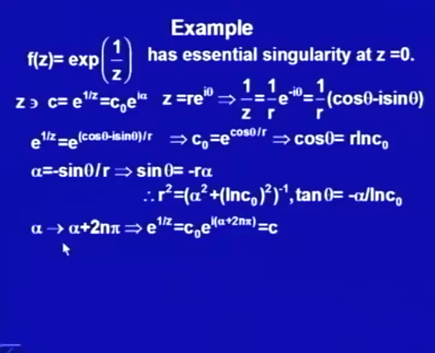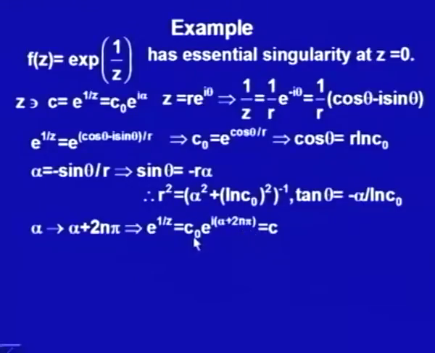suppose I change my α to α + 2nπ. What will happen? This c value, e to the power 1 by z, that is c₀ e to the power i(α + 2nπ). So α + 2nπ, iα is as such, and e^(i2nπ) we do know is 1, because cos 2nπ plus i sin 2nπ, and cos 2nπ is always plus 1.